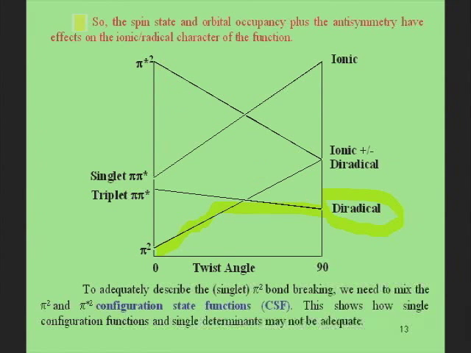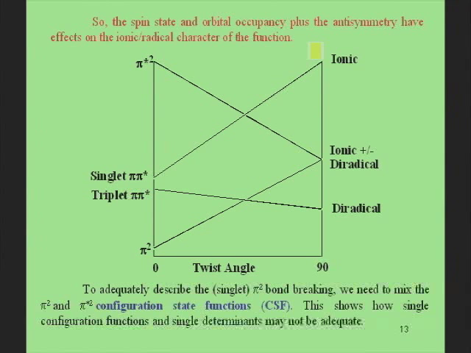So this is an example where, what we have so far here is, in some cases, we can use a single determinant as a reasonable approximation: pi squared, pi star squared, or triplet pi pi star. In some cases, we can't even use a single determinant: singlet pi pi star.